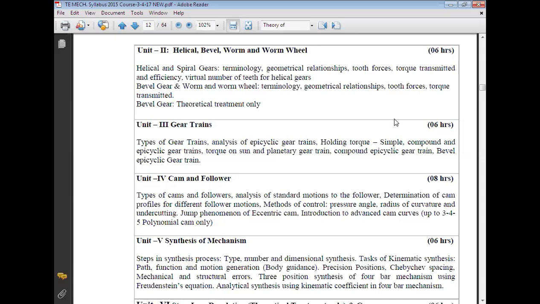Torque transmission capacity and its efficiency, that is what we are going to see with the analytical formulas.